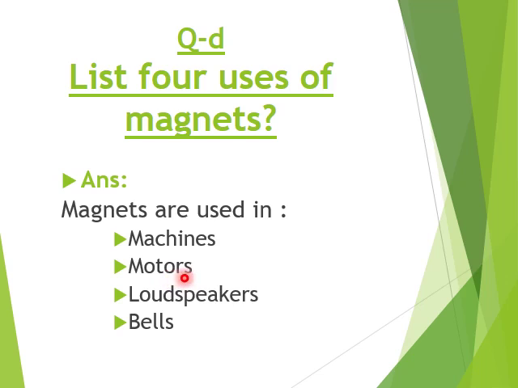Number 2, electric motors. Different types of electric motors, for example, the electric motor of a fan and the electric motor to pump the water up, use magnets. So magnets are used best in electric motors.